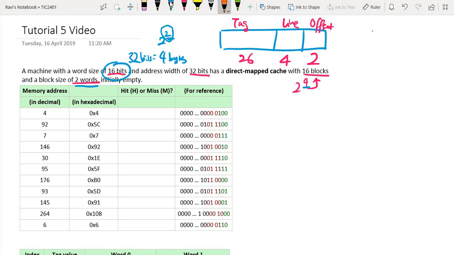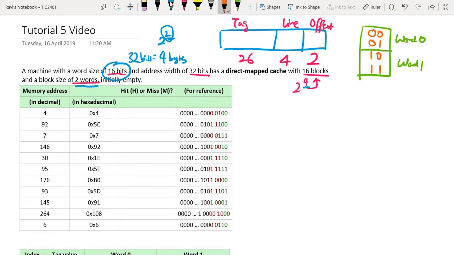The last 2 bits, ranging from 00, 01, 10, to 11, will map to one cache line, and inside that one cache line I need to break it up into 2 words: one is word 0 and this is word 1. Let's look at the memory accesses to see how we can go about it.